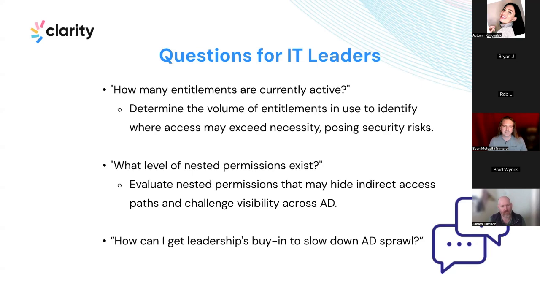And so, Sean, maybe you could jump into, from an entitlement standpoint, when you think about how many entitlements are currently active, why is that the question that we should start with? Well, certainly the perspective that Trimarc looks at this from an entitlement perspective is what are the accounts that have domain admin rights? What are the accounts that have administrative rights at the domain level, at the enterprise level, at the forest level?